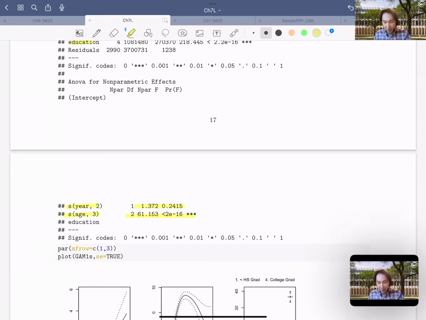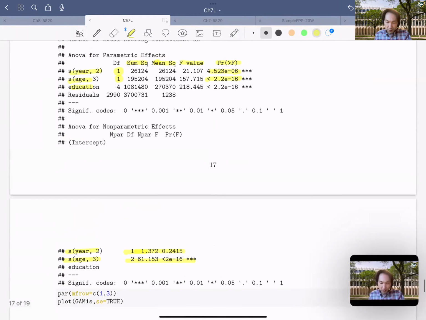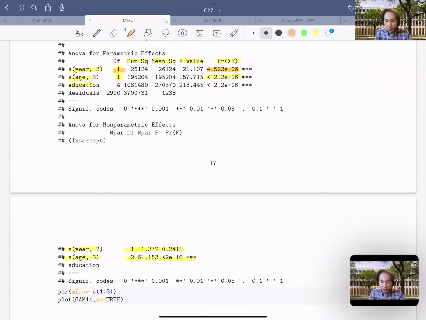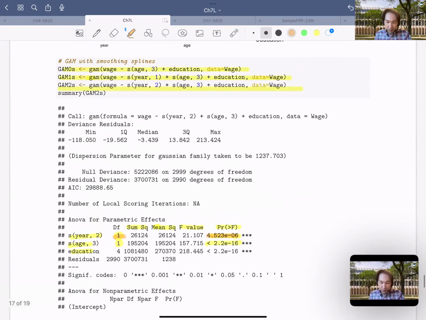I'm not exactly sure about the procedure, but it lists the output, which explains whether or not this is useful. For example, for the year variable, the linear term is significant with a very small p-value, but the additional term isn't significant. That means we used 2 degrees of freedom for year, but 1 is probably sufficient.